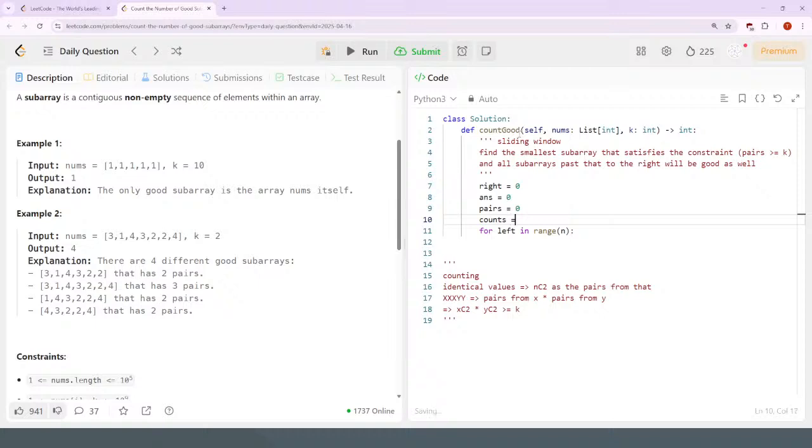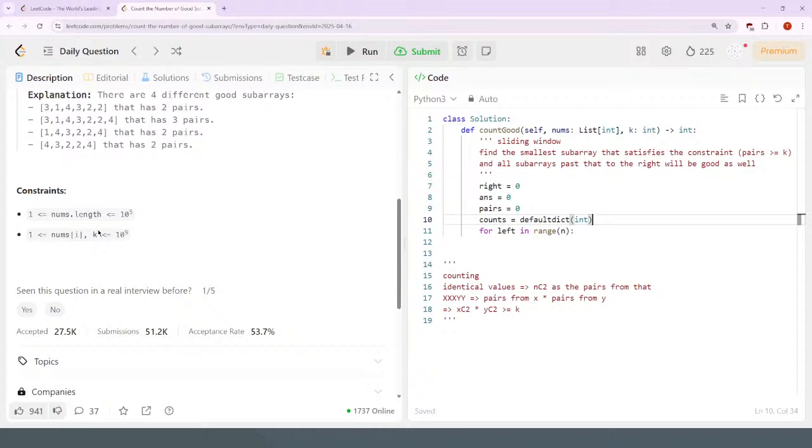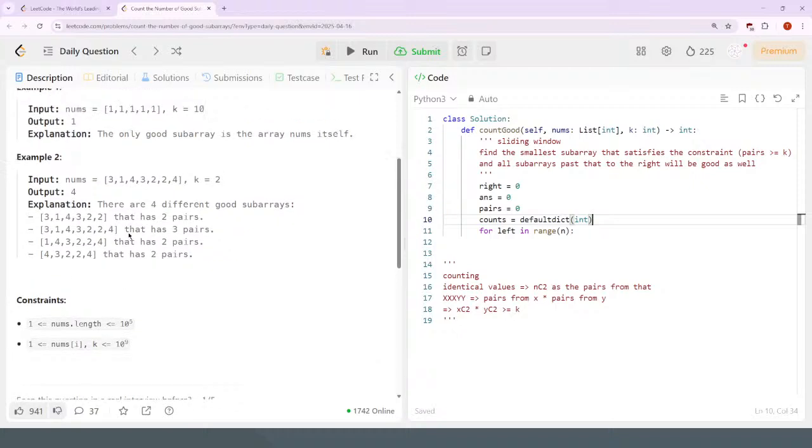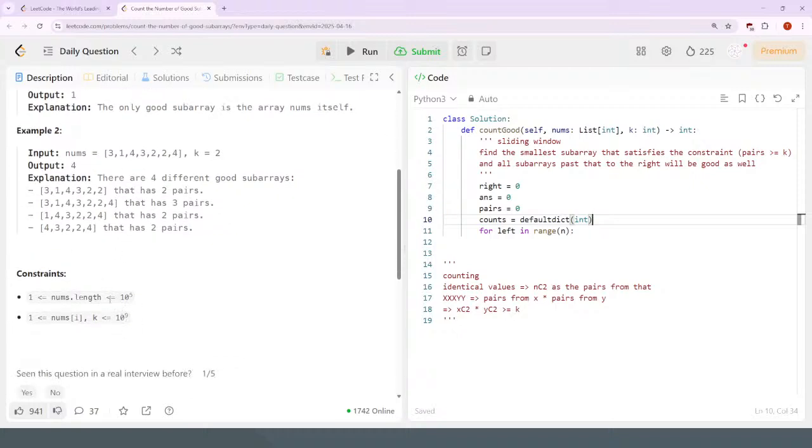Counts is going to be a default dictionary of ints, maybe. The values are between 1 and 10 to the 9th, so the values are just so large that you really don't want to have an array to keep track of the frequency, so I think I'm mapping this fine there.